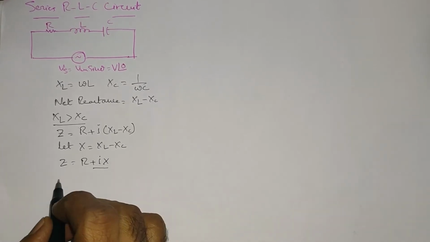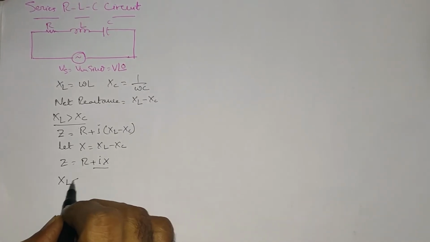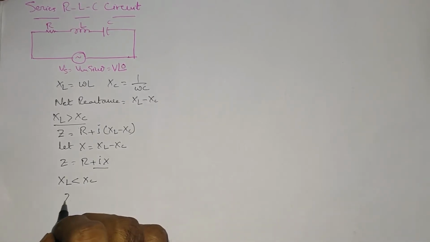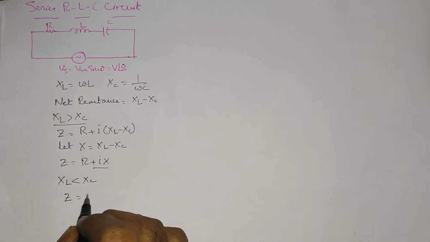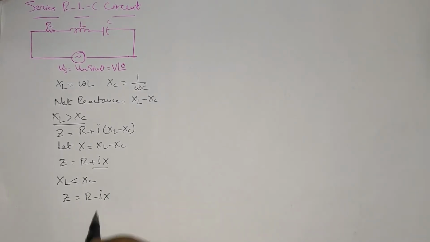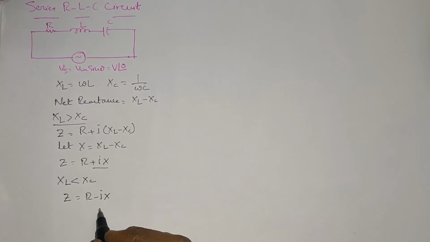And in case XL is less than XC, then we are going to have the impedance Z equal to R minus jX. In this case the circuit behaves like a series RC circuit, because the net reactance is negative.